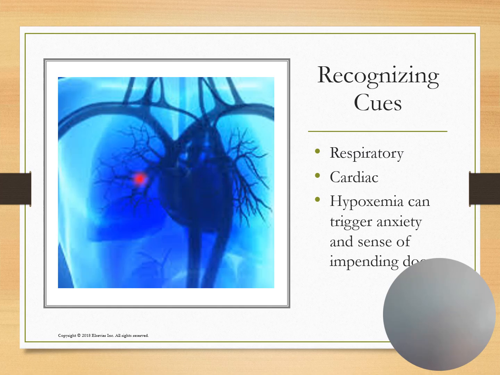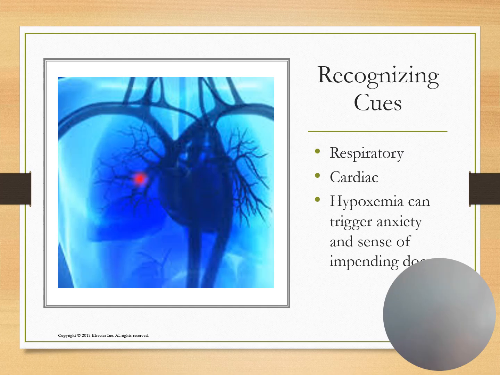With respiratory, some of the symptoms we look at will be dyspnea, tachypnea, tachycardia, that pleuritic chest pain, maybe a dry cough, and of course the hemoptysis. Cardiac, we can see the distended neck veins, syncope, cyanosis, systemic hypotension, abnormal heart sounds, and or an abnormal ECG.